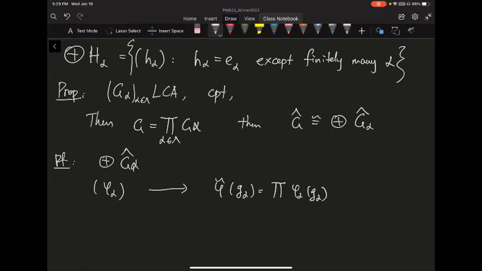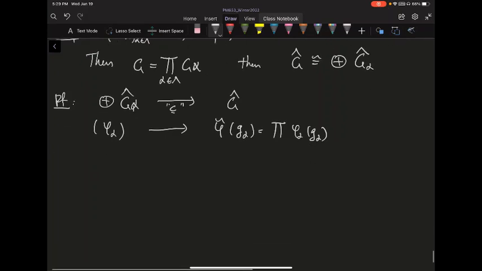This product is just a finite product, so this is going to map into something inside the G hat. In other words, you have the inclusion: the direct sum of these dual groups is going to be contained in the dual of G.